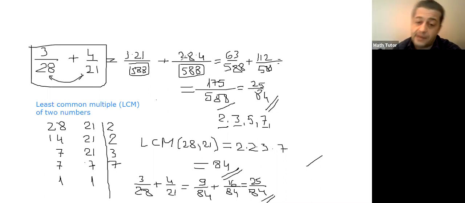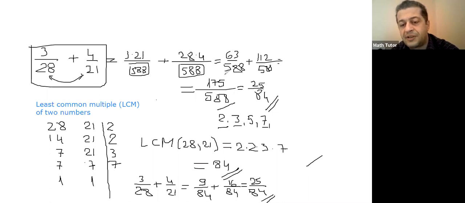So what do you have to do here? At the beginning, maybe it is easier for you to multiply 28 and 21 and find 588. But then it becomes more difficult because you should multiply these two numbers to obtain 63 and then to obtain 112 to make the operation with these two numbers.